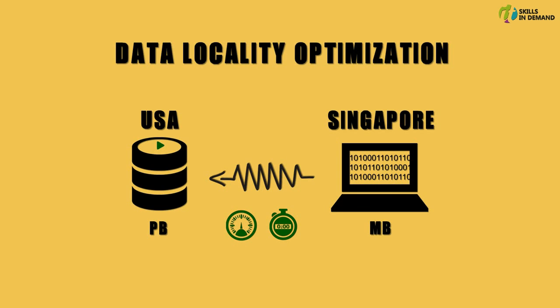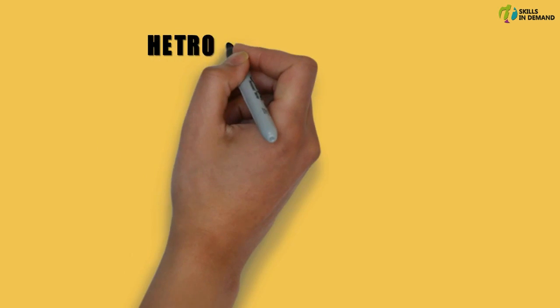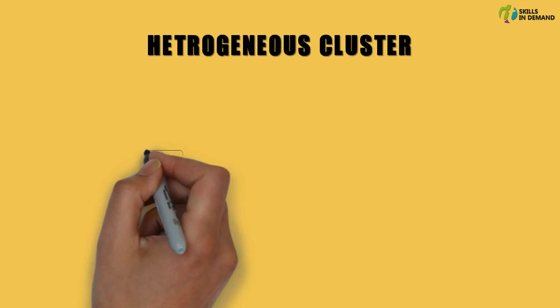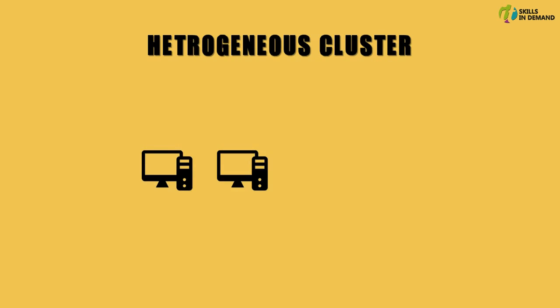The next important feature on the list is Hadoop supports heterogeneous cluster. This feature can also be classified as one of the most important features offered by the Hadoop framework. We know that a Hadoop cluster is made up of several nodes. For your information, node is a technical term used to refer to a machine within the cluster.